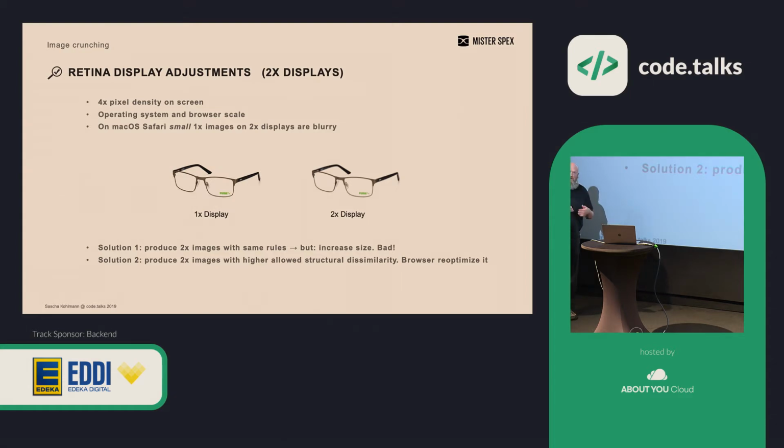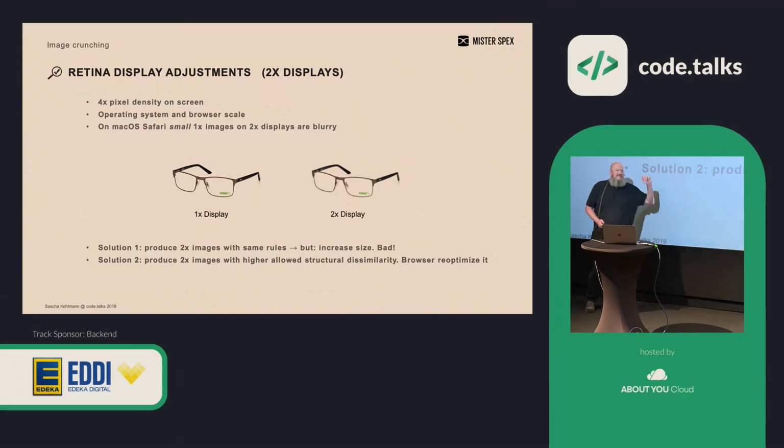But the browser and the operating system shrink them again, and then they look nice. I don't exactly understand why. It works well with JPEG. It doesn't work with WebP; they look bad there too.